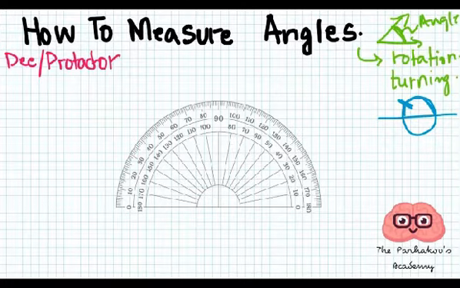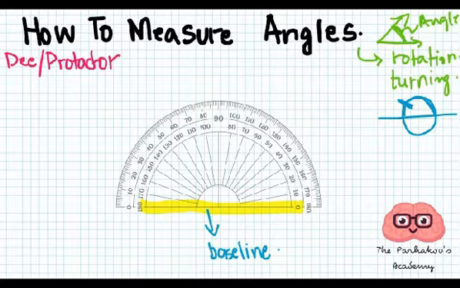So now let's name some very important parts in this protector which will help you to measure. The first thing first is this line which you can see here. Let me highlight it. This line is known as baseline. Okay, this is where you put your D on the first ray.